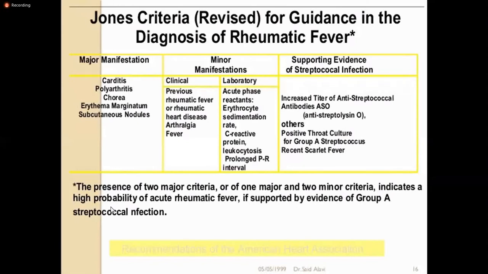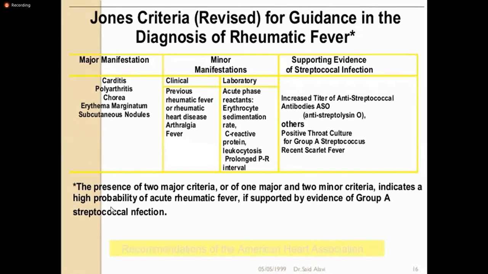Then we can correlate this clinical finding with the laboratory finding. There is acute phase reaction, meaning ESR raised, C-reactive protein raised, leukocytosis, and on ECG there is a prolonged PR interval. And supporting evidence of streptococcal infection, there is an increased titer of anti-streptococcal antibodies, that is, the ASO titer should be raised.